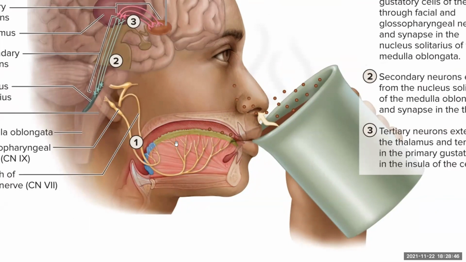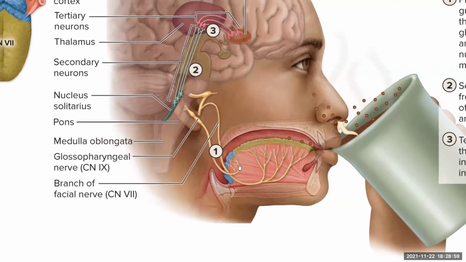Depending on what area, that's going to determine if it's cranial nerve 7, which is on the anterior portion, or cranial nerve 9, which is on the posterior portion. And that will then stimulate those sensory neurons, and they'll transmit that sensory information here to the medulla oblongata, to the nucleus solitarius.